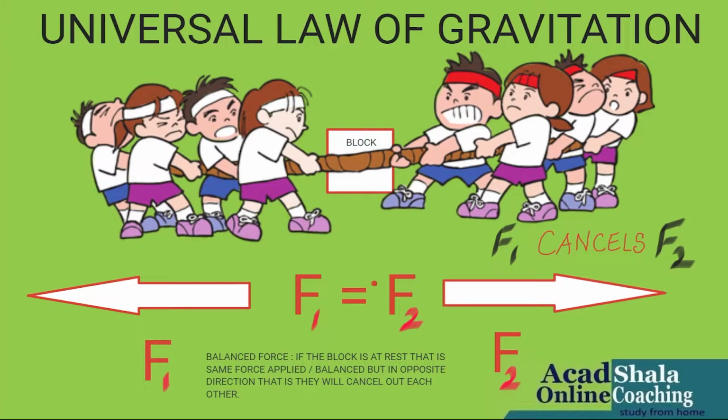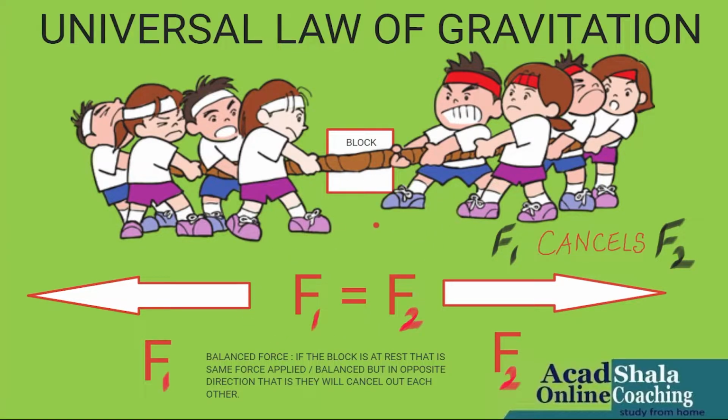So what further can I conclude from here? That it is a balanced force. Body at rest, that is, the block at rest, means balanced force. Why balanced force? Because both the forces are equal but in opposite directions.